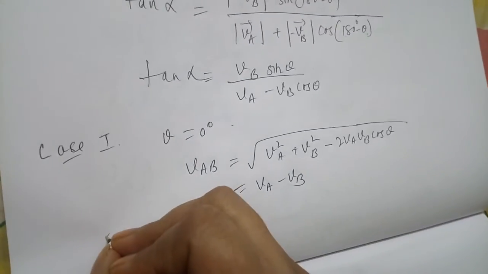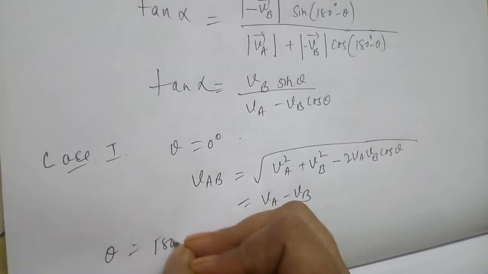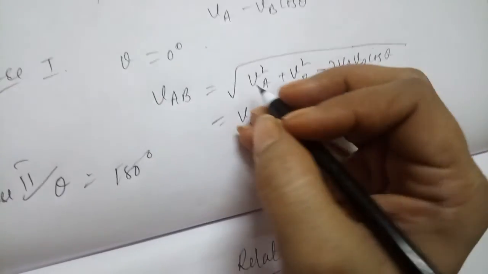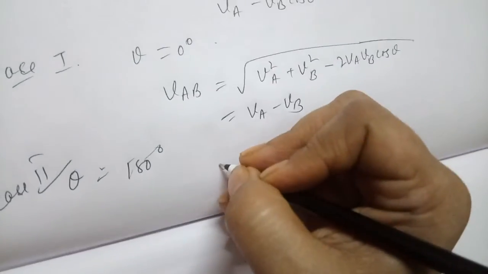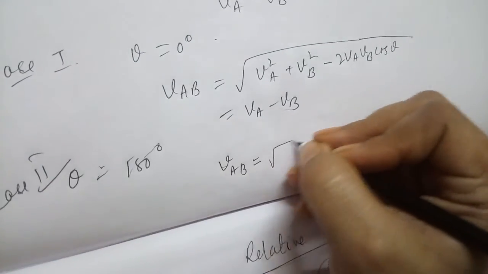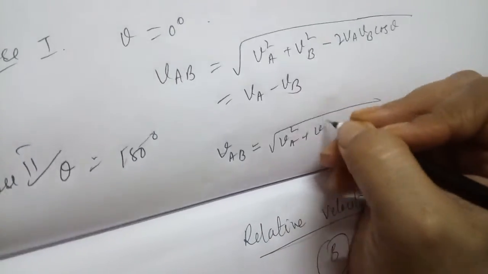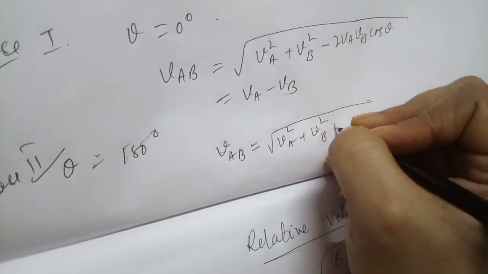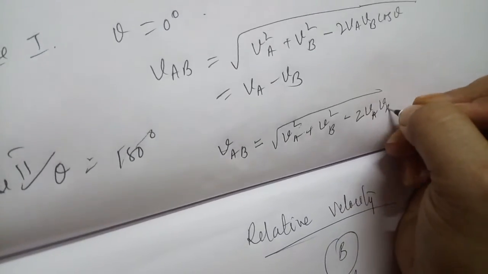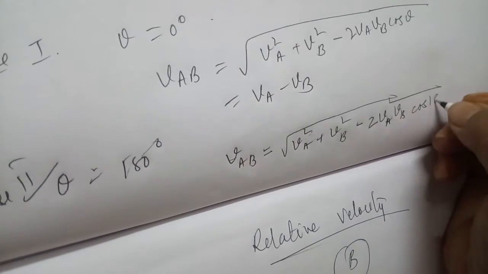Now case 2, theta is equal to 180 degrees, that is VAB is equal to under root of v square a plus v square b minus twice va vb cos 180 degrees.